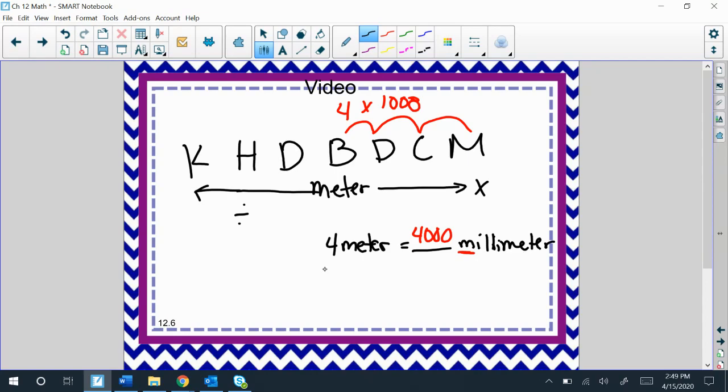Now, let's say instead of going down to the smaller unit, I wanted to go up to the larger. Well, I have 4 meters, and I want to go up to the larger unit of kilometer. So I go like that, and now I'm going to put my 4. How about I do it underneath?